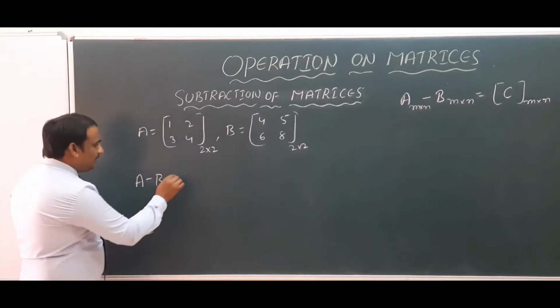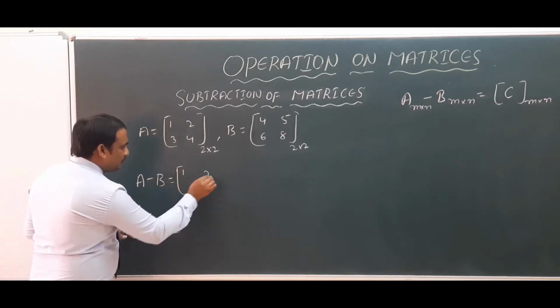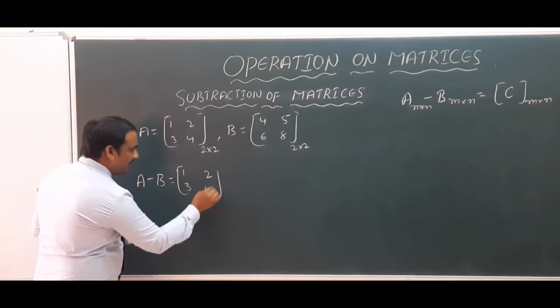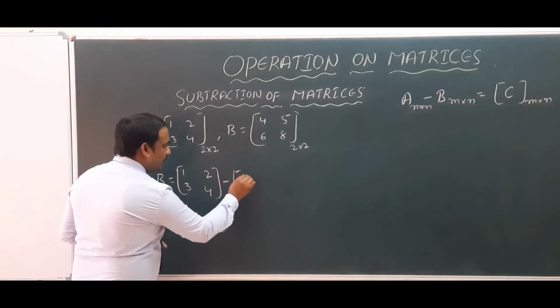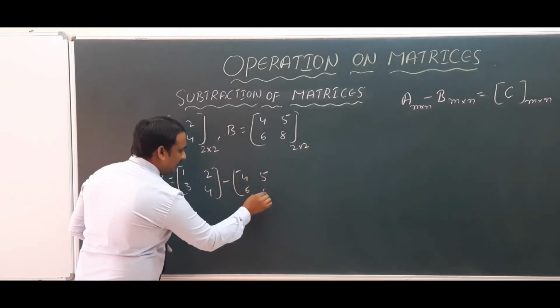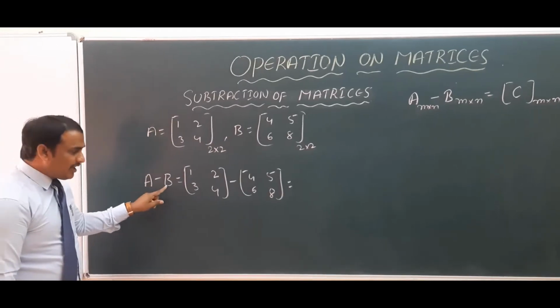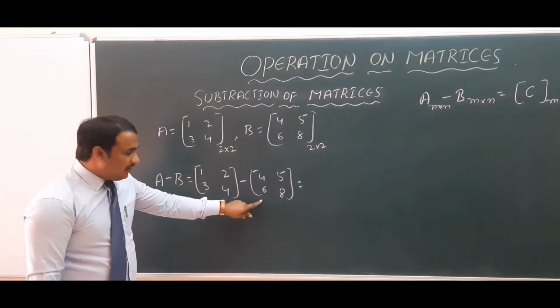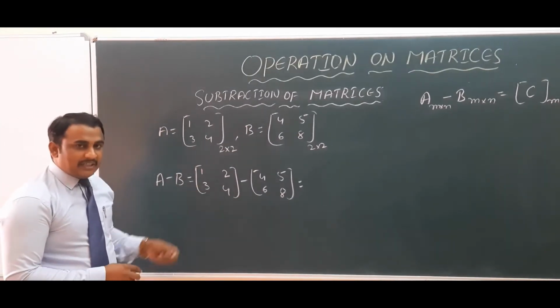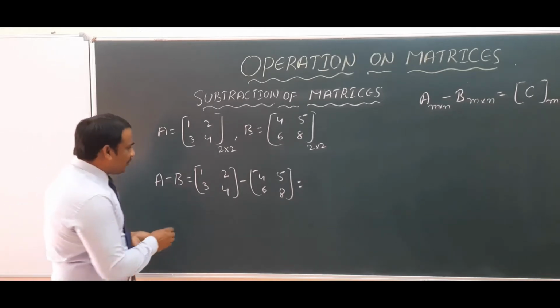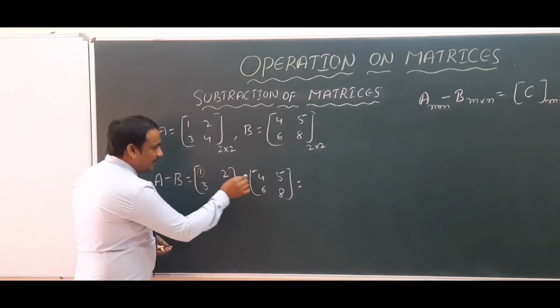A minus B. A matrix here 1, 2, 3, 4 minus B matrix here 4, 5, 6, 8. Always check that for subtraction of two matrices, the order is the same first. Now we have to subtract the corresponding elements. What are the corresponding elements here? Here 1, here is 4.